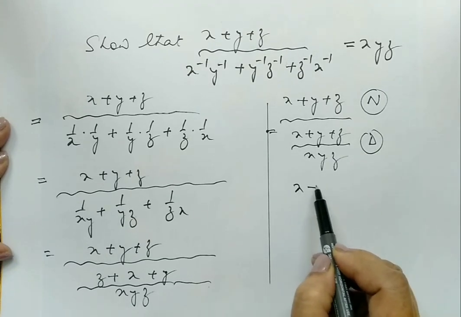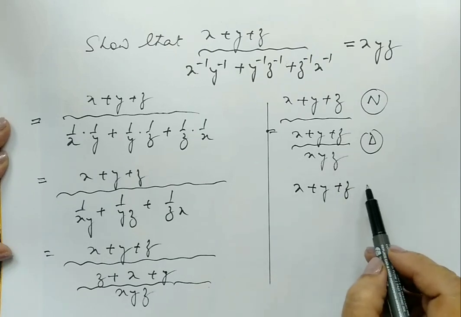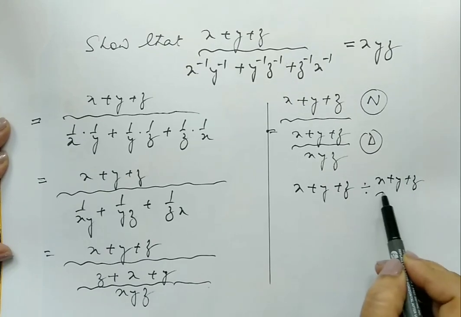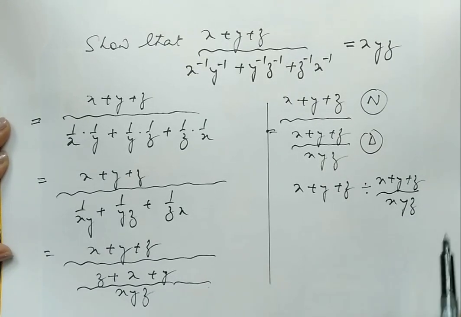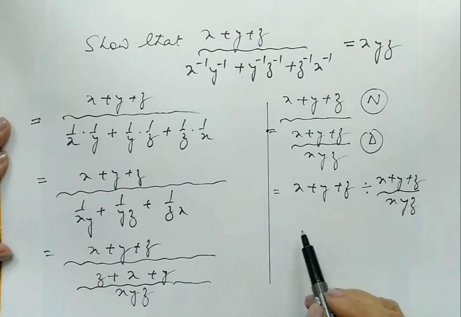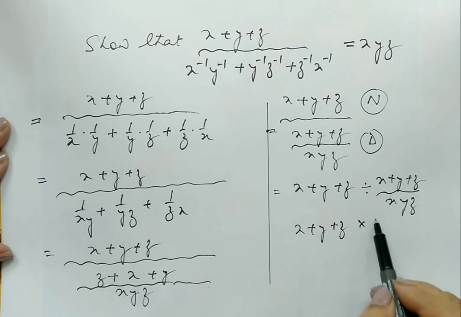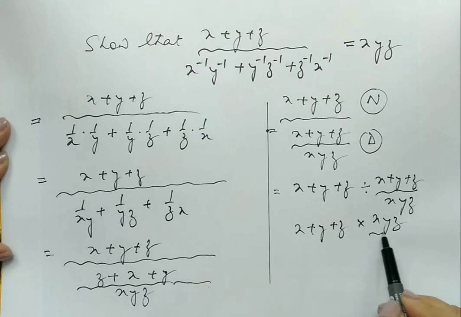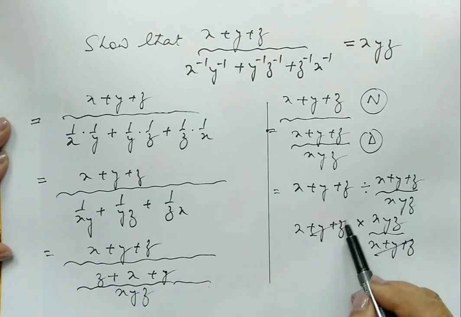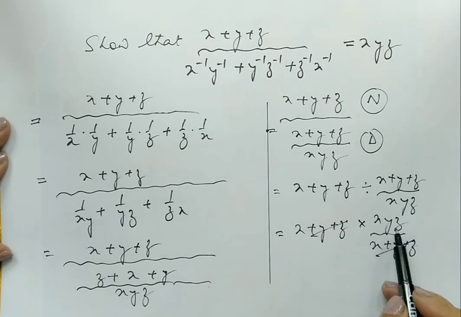So when we divide xyz by x plus y plus z over xyz, we need to flip this and write it topsy-turvy. xyz on the top and x plus y plus z below. Got it?